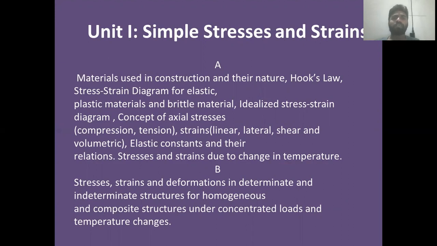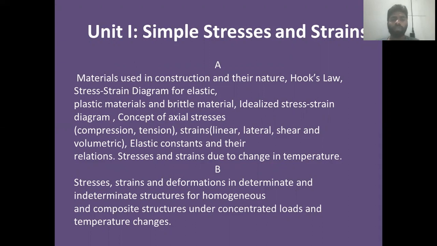We are going to see Hooke's law, stress strain diagram for elastic material. Next is plastic and brittle material. So elastic and plastic, these are two types of materials. Next is the idealized stress strain curve, this stress strain diagram. Next, the concept of axial stresses. So this we are going to see.